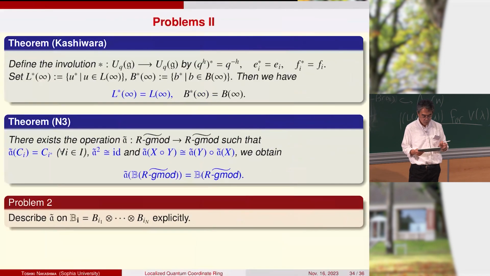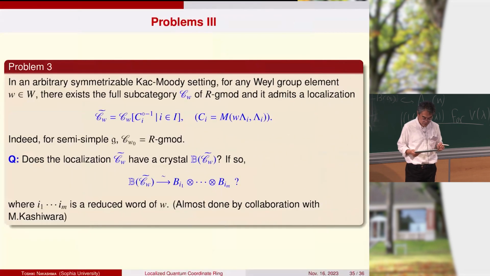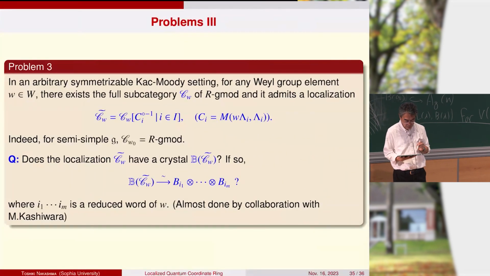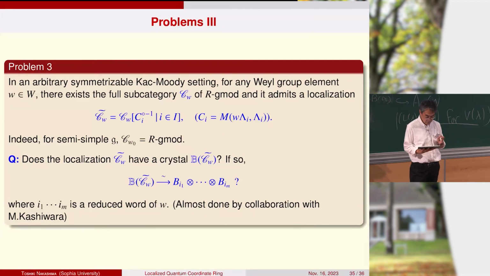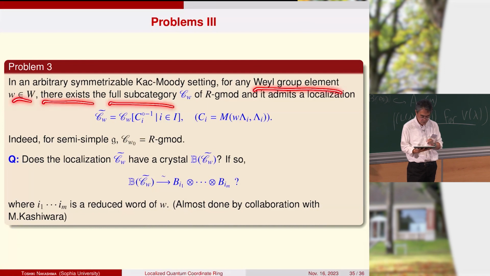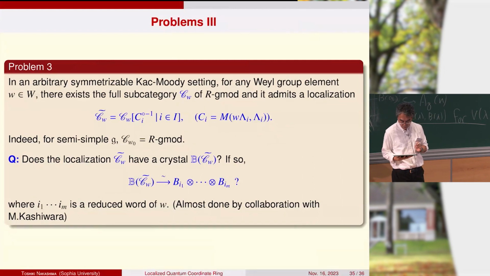The next problem I omit. The final problem is that today's setting is the simple setting, but we can consider this situation in symmetrizable or Kac-Moody settings. Then for any Weyl group element W, there exists a subcategory C_W. I don't say the definition of C_W, but anyway, this permits localizations.